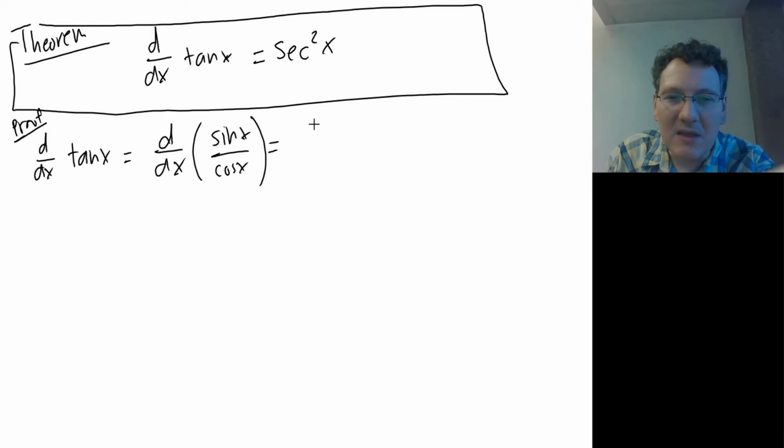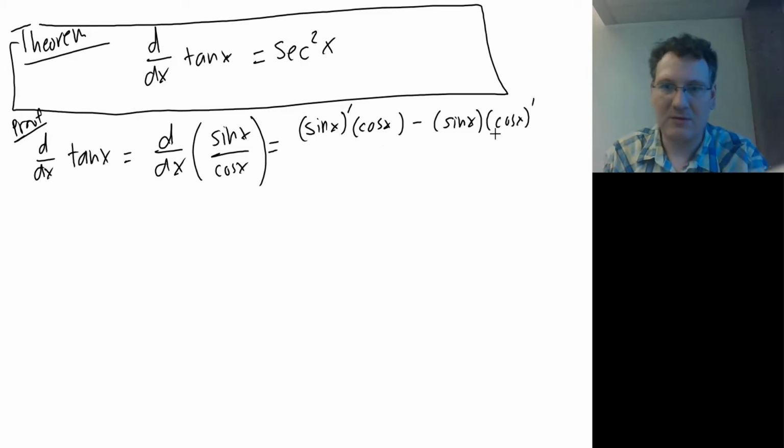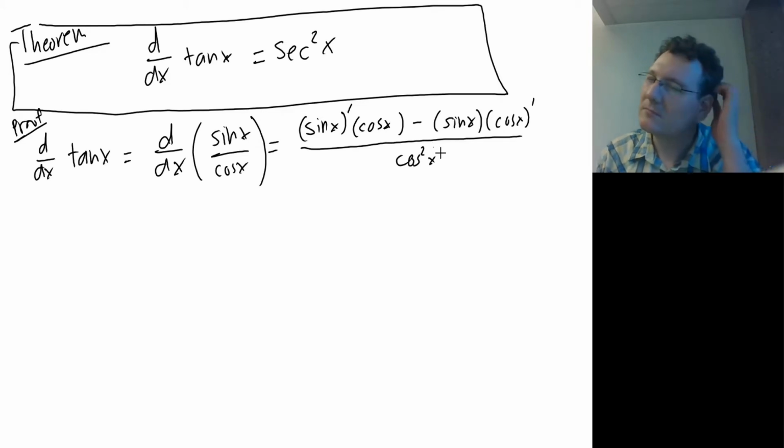So by the quotient rule, it's going to be the derivative of sine of x times the cosine of x, minus the sine of x times the derivative of cosine of x, all over cosine squared of x.